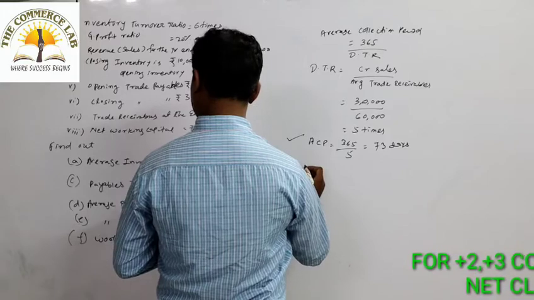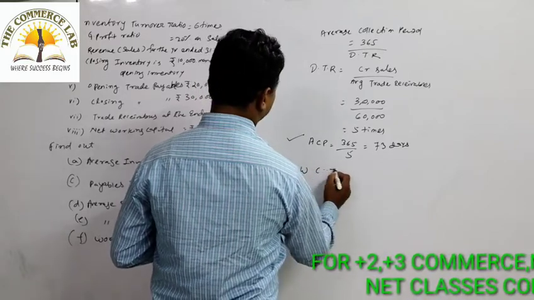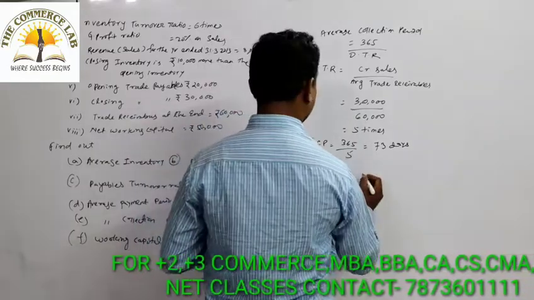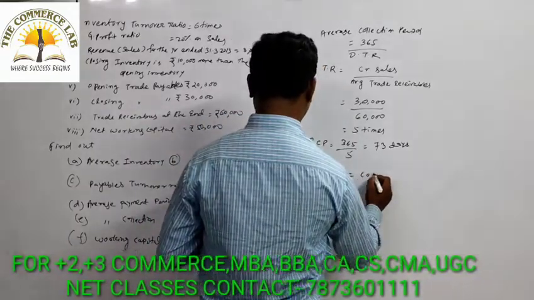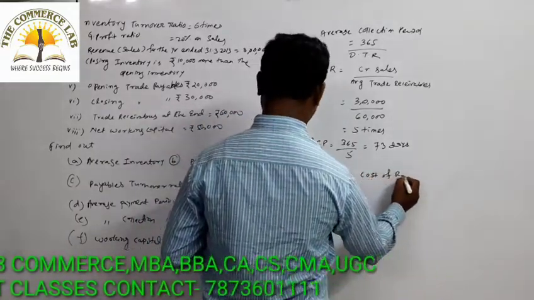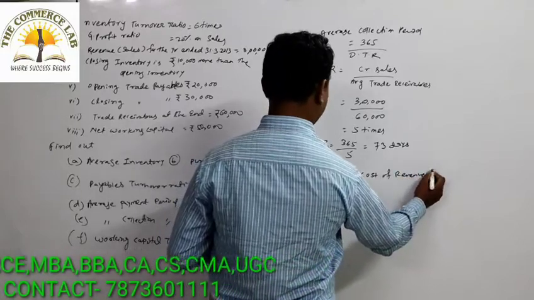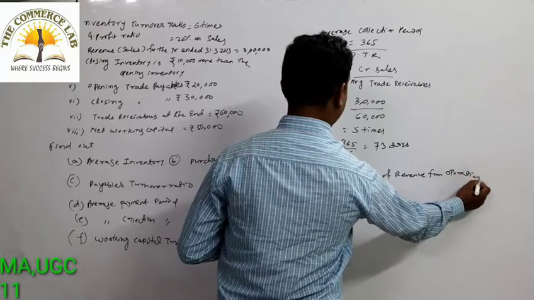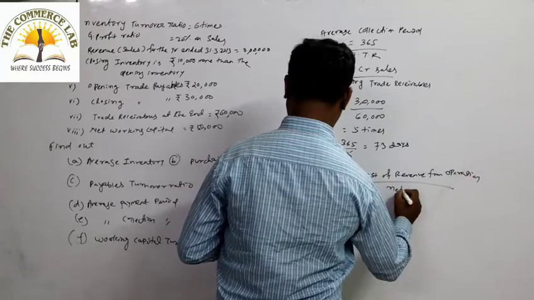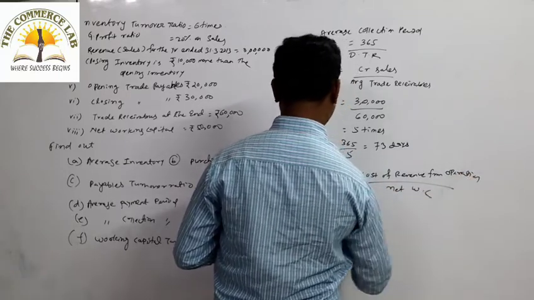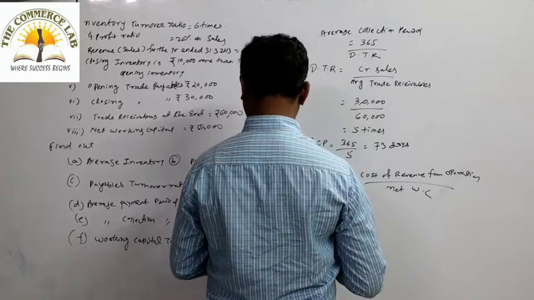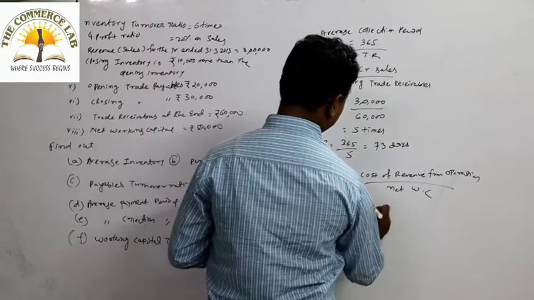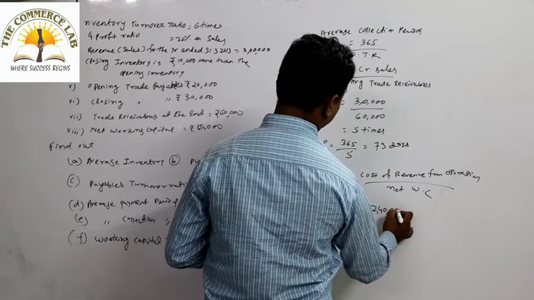Now the last one is working capital turnover ratio. So what is the working capital turnover ratio? That is cost of revenue from operation divided by net working capital. Cost of revenue from operation or cost of goods sold, that is around 2,40,000.